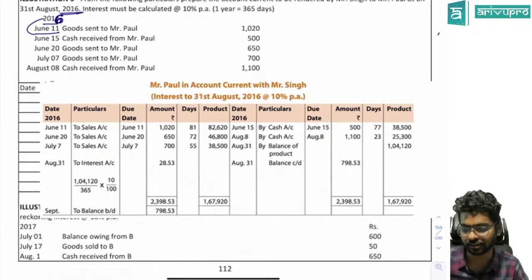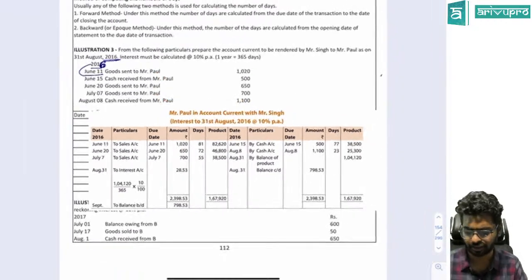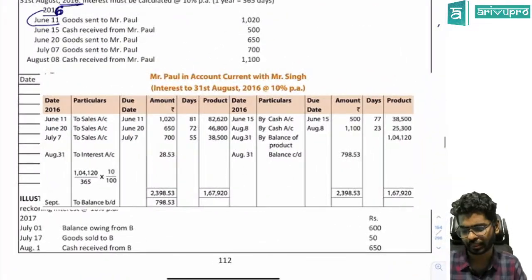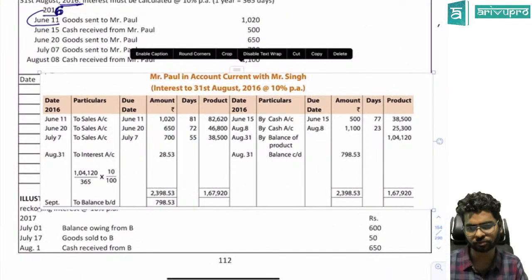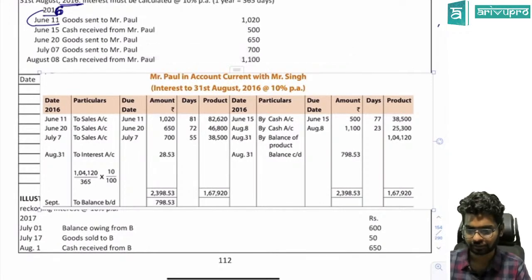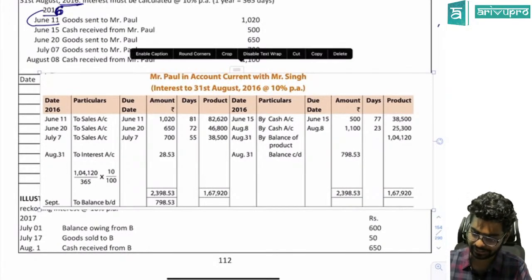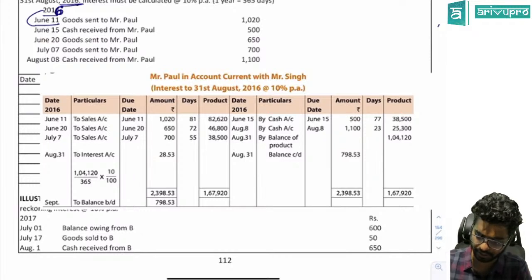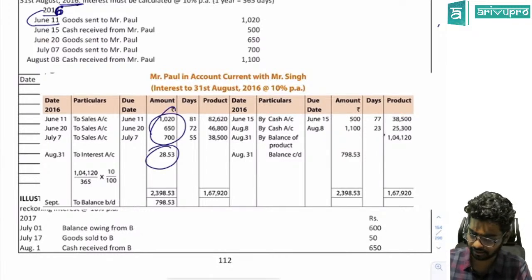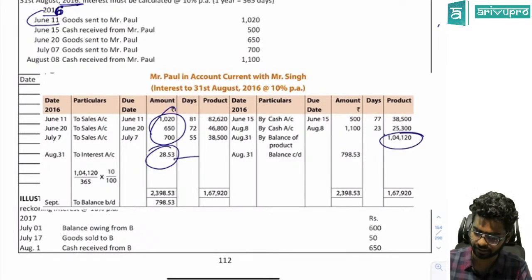Until and unless they specify, just learn the methods for the exam. If they don't give it, it's okay. Guys, done. So there is nothing to break your head on. Just find the balance, find out the interest, and then just close it off.